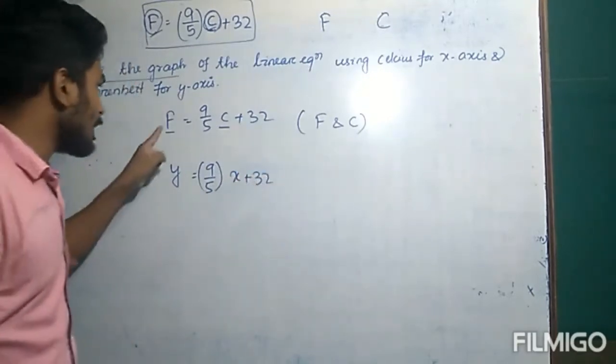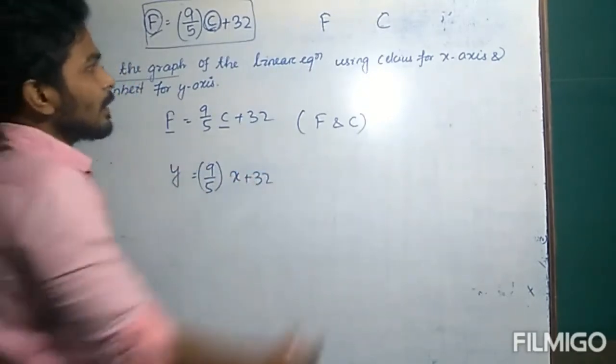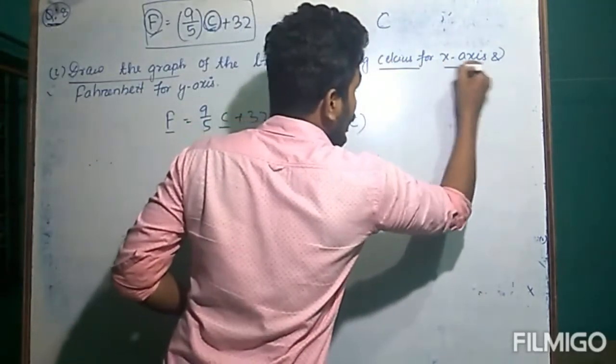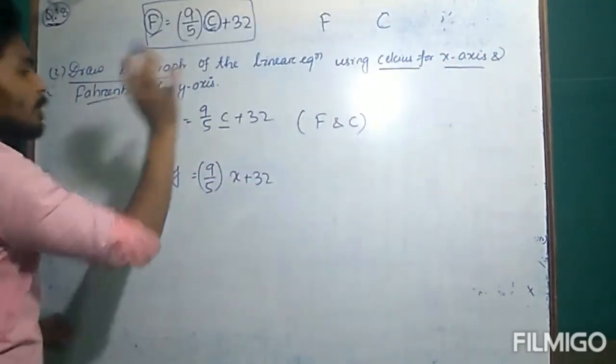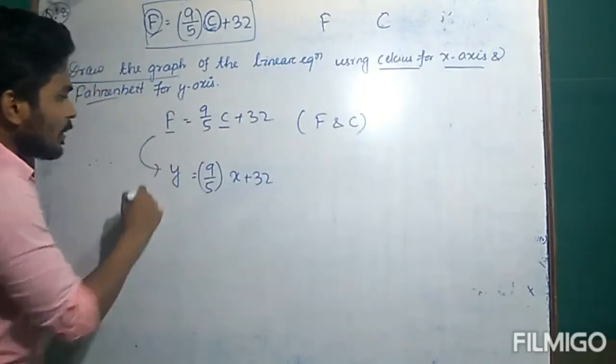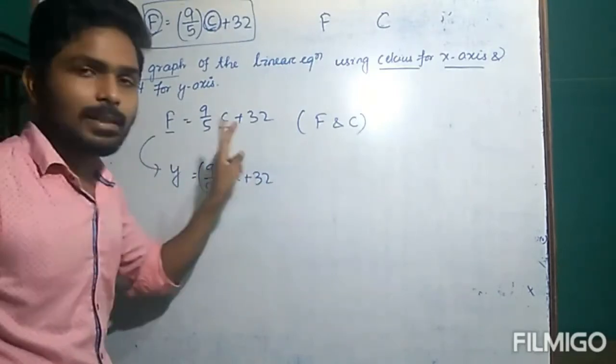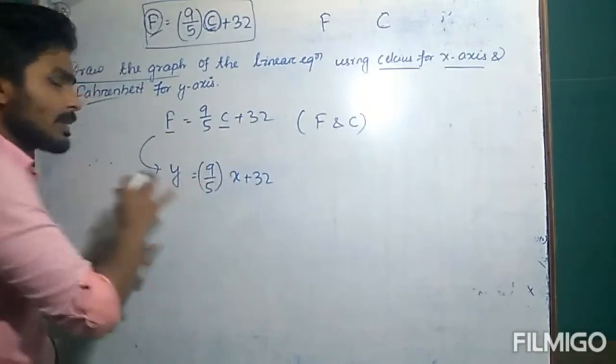For your convenience, you can take Celsius for the x-axis and Fahrenheit for the y-axis. So your equation becomes y is equal to 9 by 5 into x plus 32. Understood? So y and x are the two unknown variables.